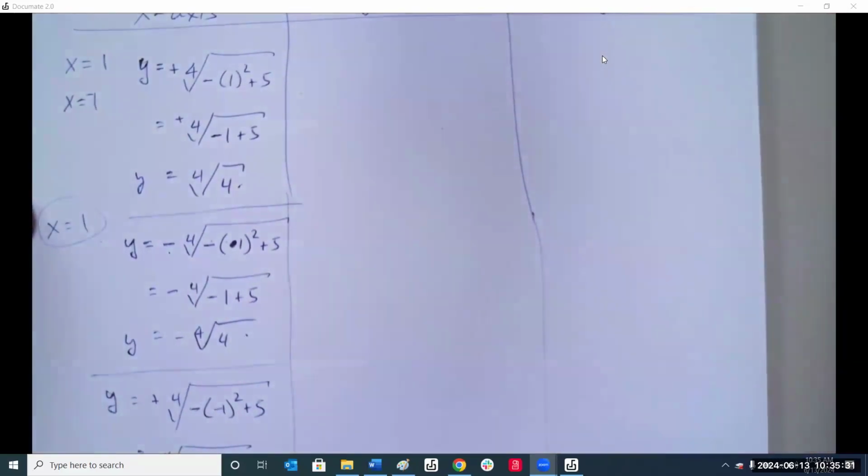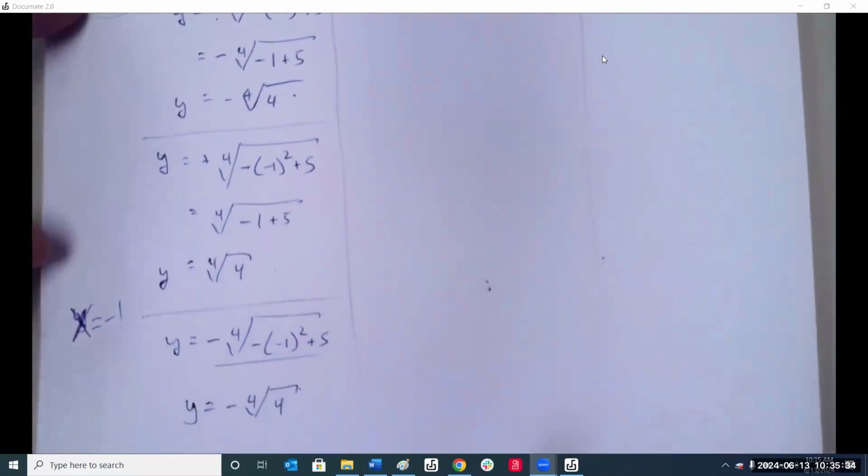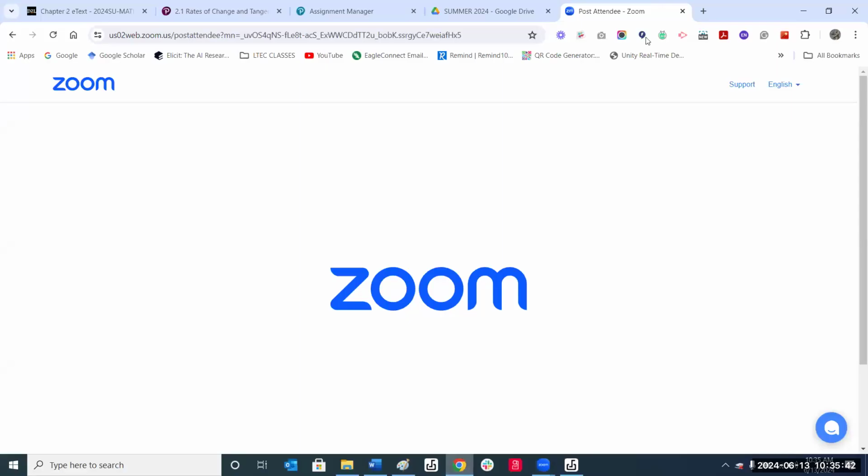Put the same values in there. So when x changes from positive to negative, we get the same values. Let's look at how this graph is. It'll give you a better idea of what we're looking at.